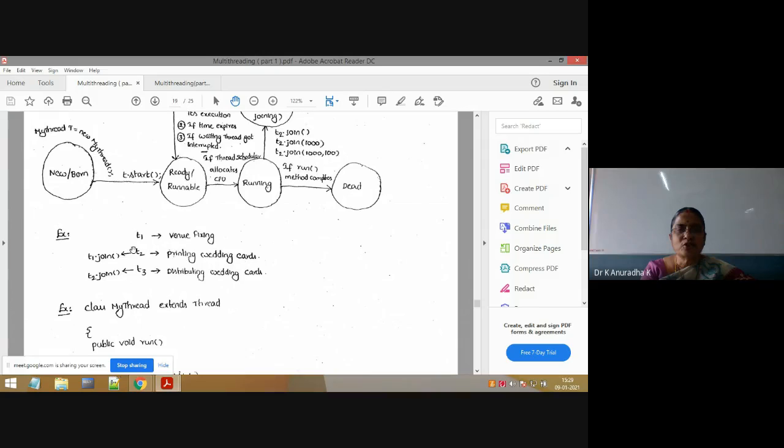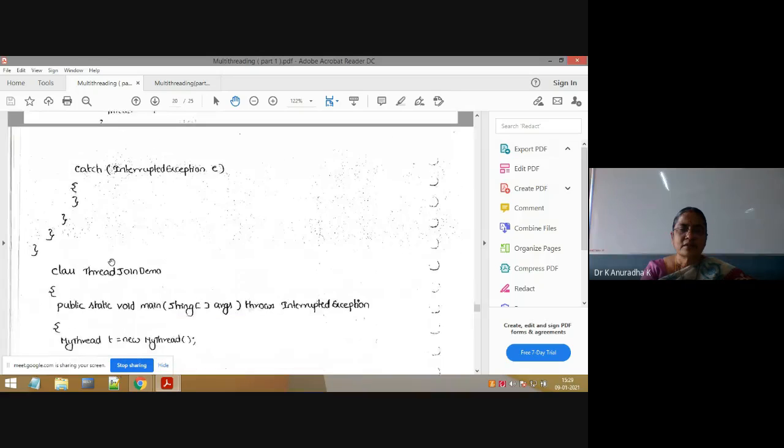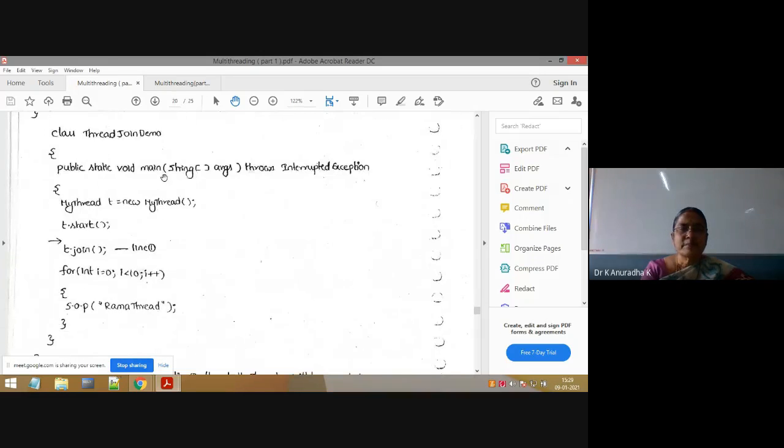The thread T2 has to wait until the completion of T1. Now in the same way, inside the main thread, I have written t dot join. T means child thread. So inside the main thread, if you write t dot join, what does it mean? The main thread has to wait until the completion of the child thread.